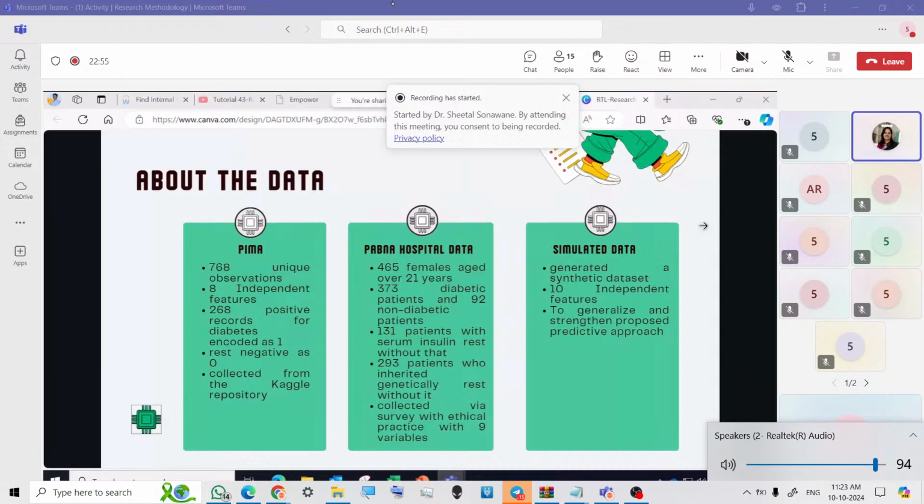And the third one is simulated data, a synthetic data set created by applying some algorithm, some data creation method, but that is again in the category of secondary data collection.